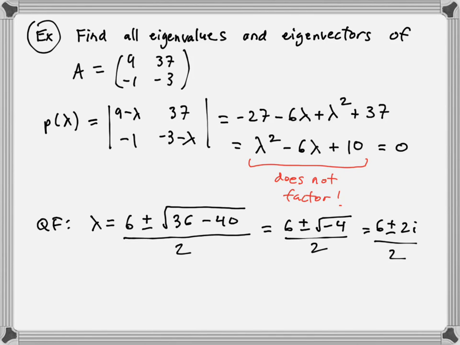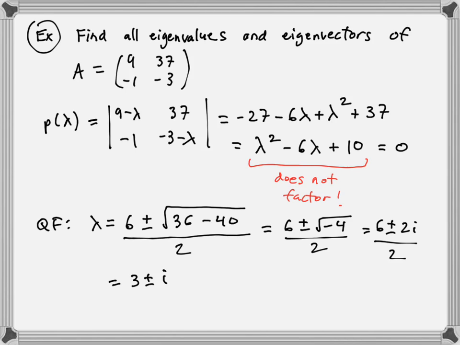And this is where you have to remember how to deal with complex numbers. This is actually the complex number, or set of complex numbers, 3 plus or minus i. Okay, 3 plus or minus i.